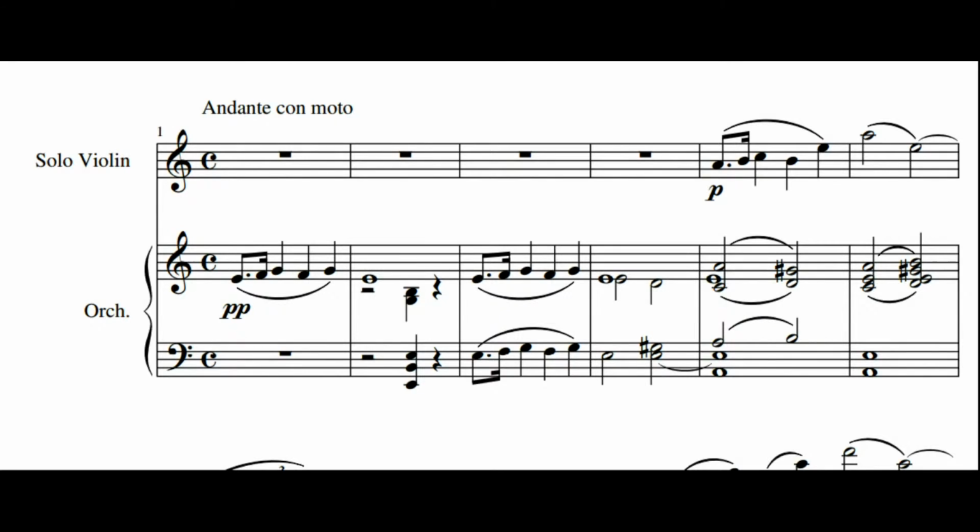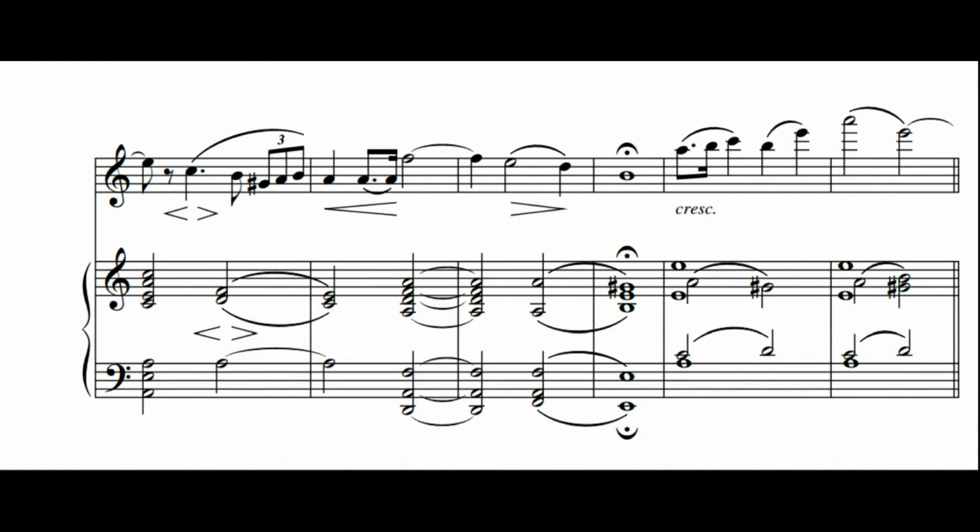Here's another example of a Phrygian cadence. This piece is in the key of A minor.